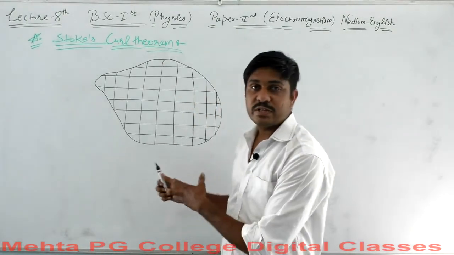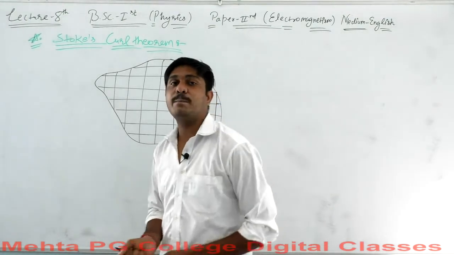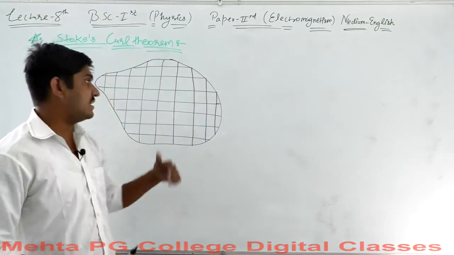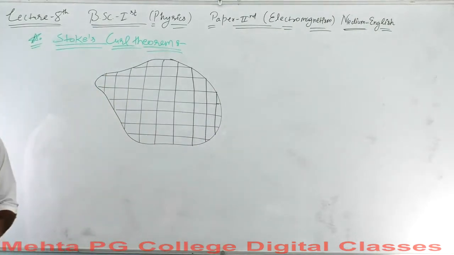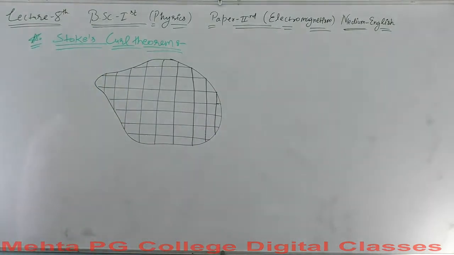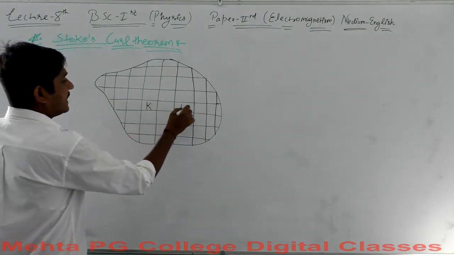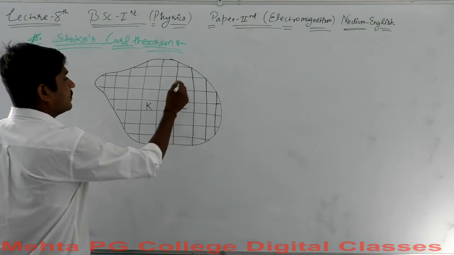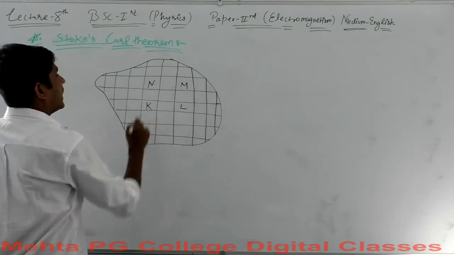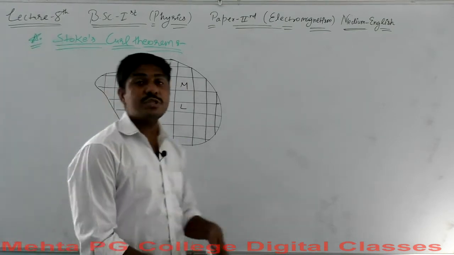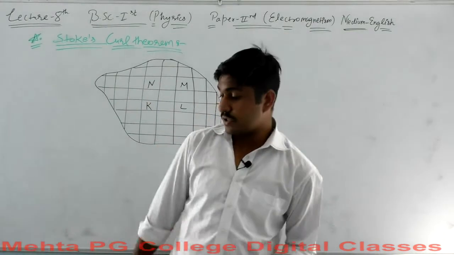So these are the rooms, and these will follow some certain paths, like, let me design, there is a path KLMN. KLMN. These are the constituent particles, certainly K, L, M, N are the constituent particles.